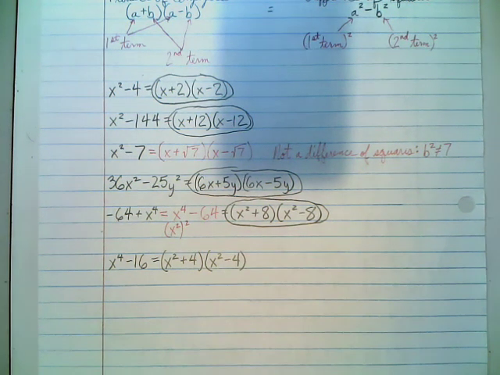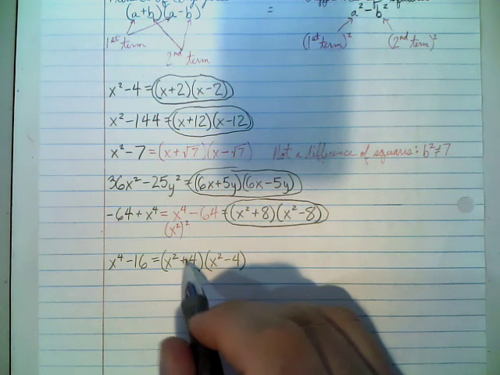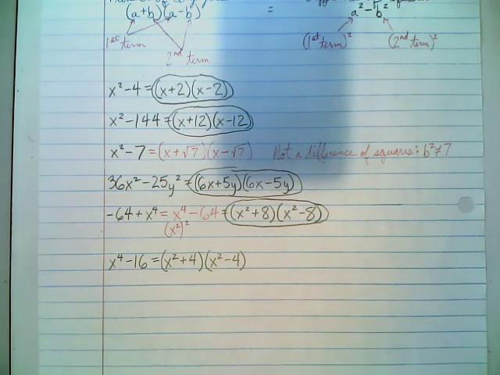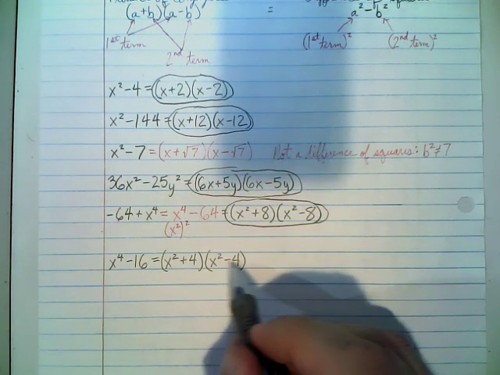And if you got that for your answer, you are wrong. Now, what you wrote is not incorrect, but you're wrong because you're not done. Because if we look at these, well, this is a sum, so there's nothing I can do with that. However, this is a difference. So in this difference, do you have a difference of squares?